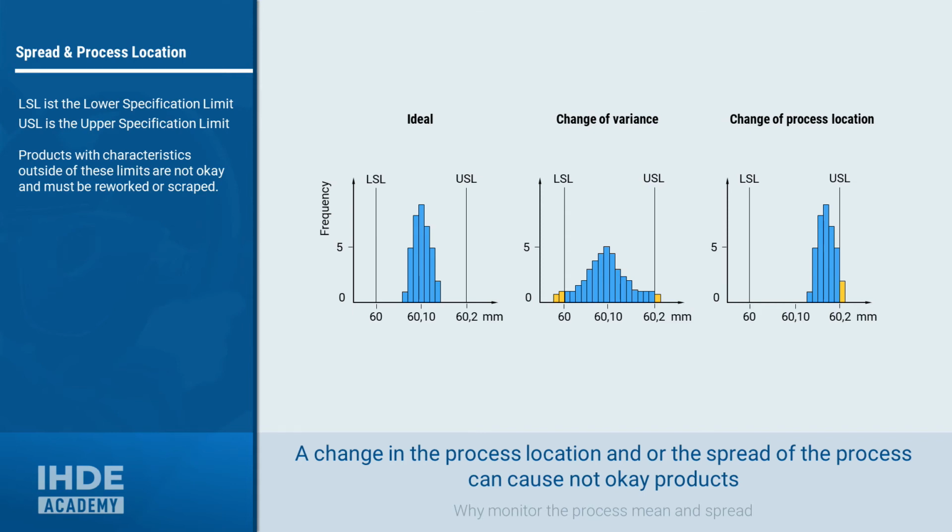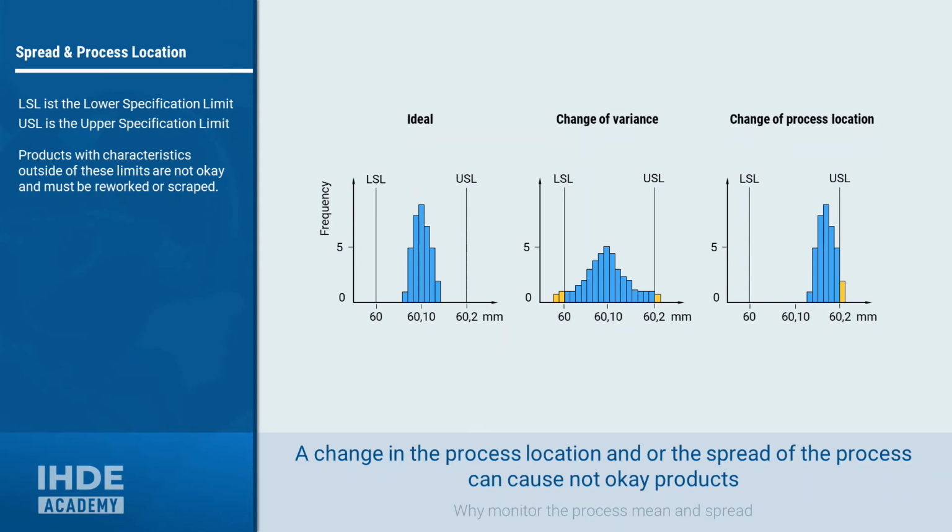The y-axis indicates how often a measured value occurred. If, for example, a specified length was measured on 10 different parts and the value 60.1 occurred 10 times, then the bar at the dimension 60.1 mm is 10 scale units high.